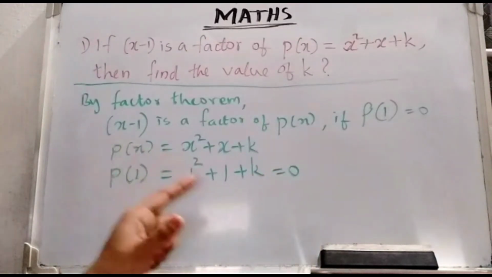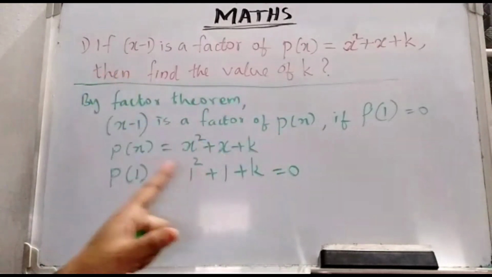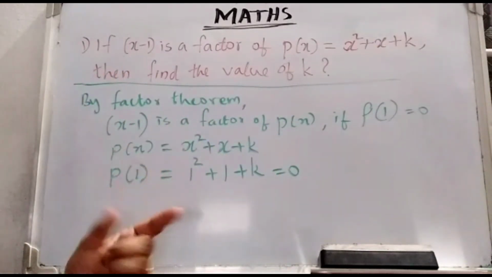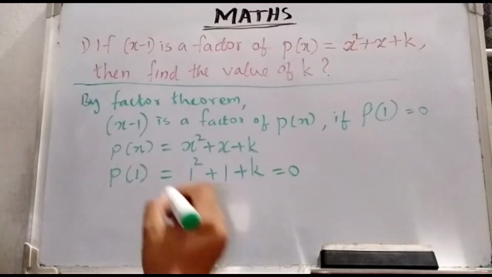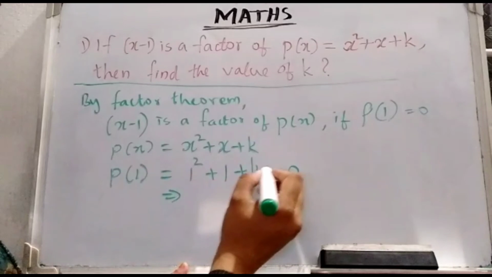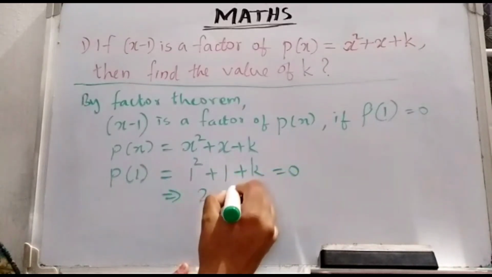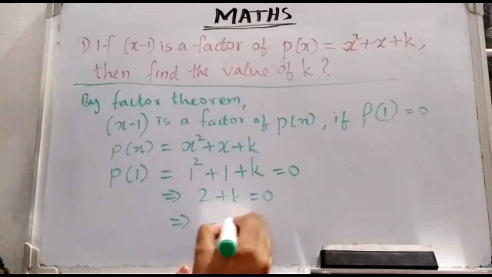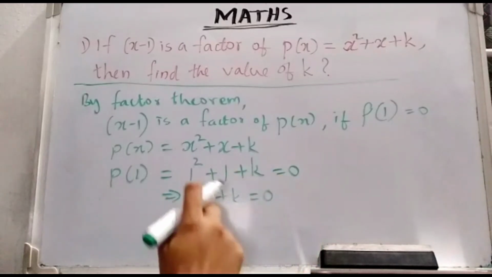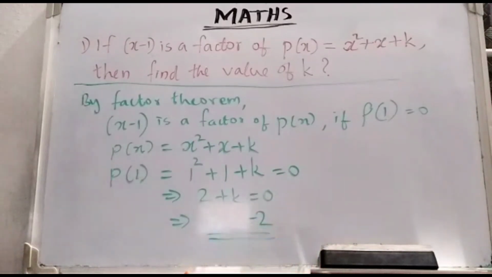According to factor theorem, P of 1 should be equal to 0, which implies 1 square plus 1, 2, 2 plus k is equal to 0, which implies k is equal to, take this 2 to the RHS, minus 2. So value of k is minus 2.